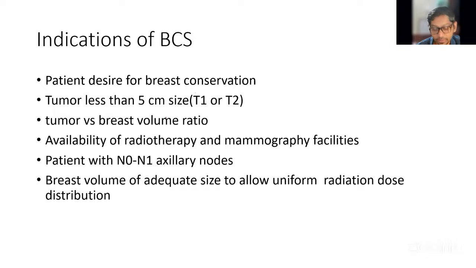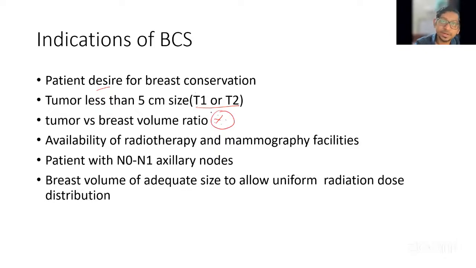So again, remember, the first most important thing is the patient wants BCS. You have a relatively smaller tumor. T3 also we can do a BCS. T3 is not contraindicated for BCS, but preferably in a T1, T2 lesion, which is less than 5 centimeters, it is easier to conserve the breast. A very important thing is the tumor to breast volume ratio.